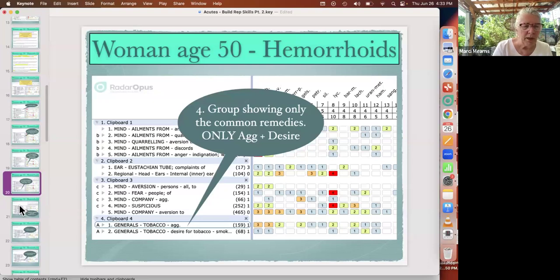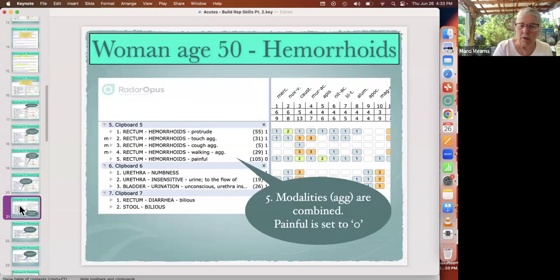Okay. On the next clipboard, I combined those modalities because they were all fairly small. And I also set painful hemorrhoids to 0 because everybody's got, if you've got hemorrhoids, it's painful, right? Some of us know that. We were more interested in the fact that they were external, protruding, and also the modalities.